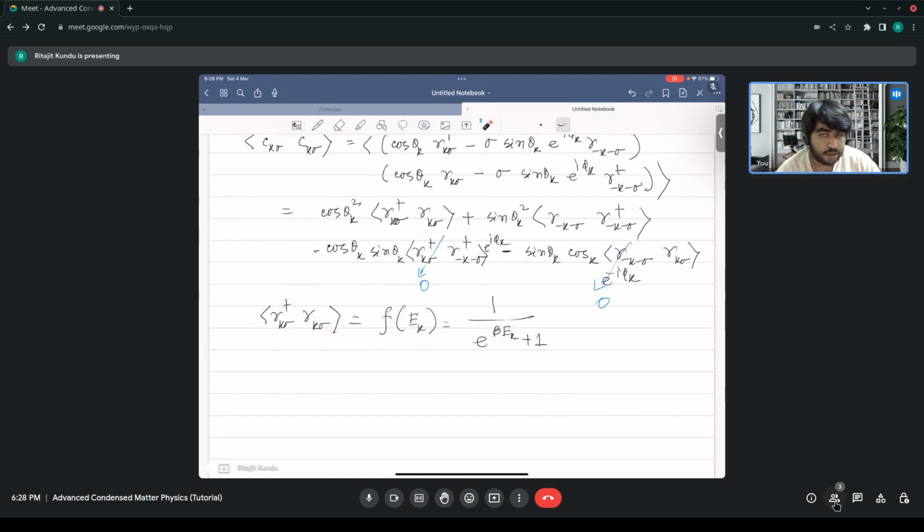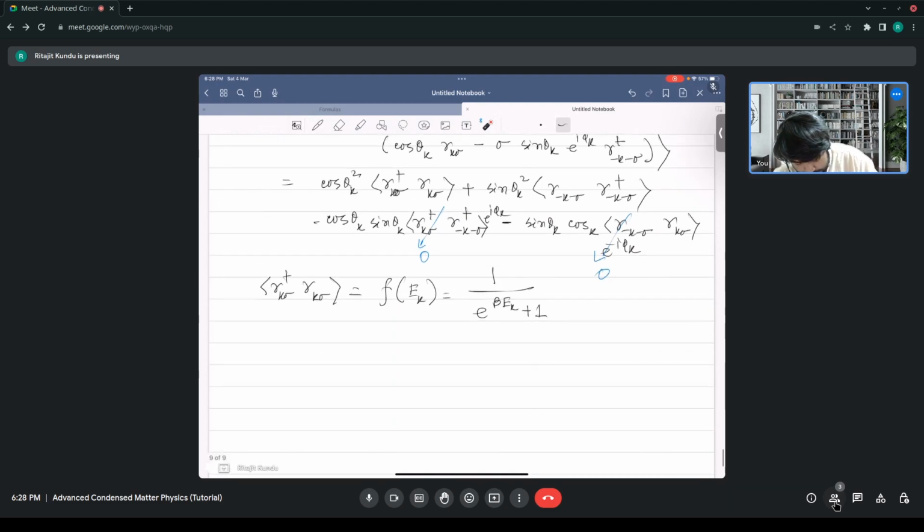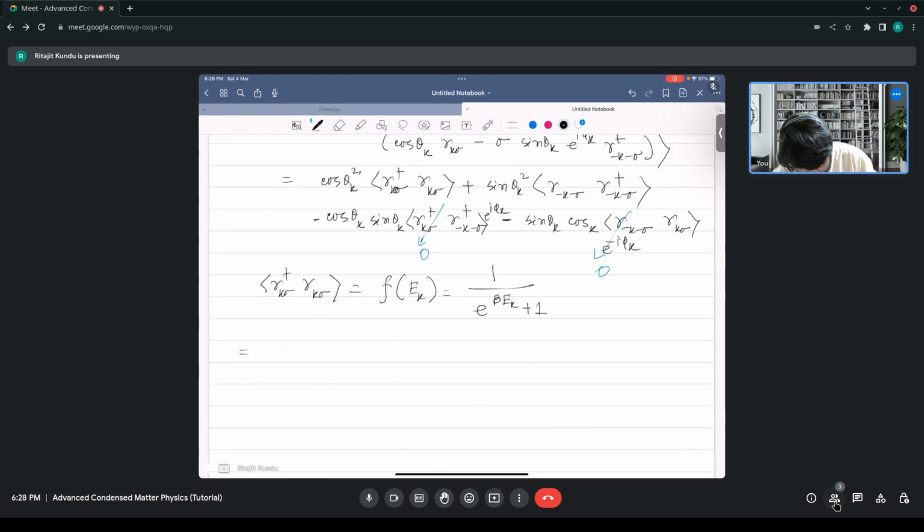An off-diagonal operator doesn't have any such function at all, right? So if you do that, the first term becomes cosine squared theta k times f of ek, and the second term becomes sine squared theta k, and since there is a gamma and gamma dagger, it becomes 1 minus f of ek.